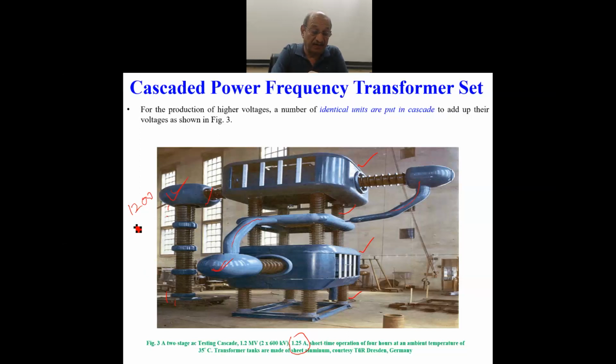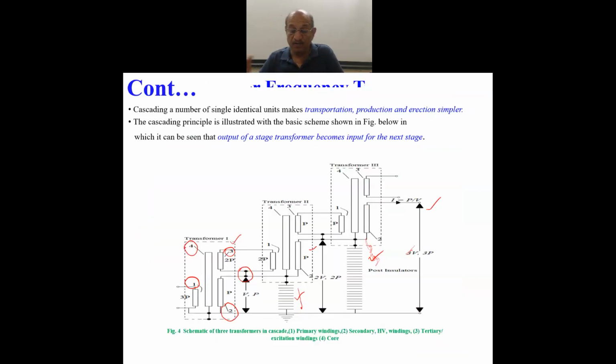You see this is the second stage output. So the high voltage final output of 1200 kV needs much more insulation from the ground. And the same thing is true in this case. Suppose each unit is for 600 kV. In the output you will get 1800 kV power frequency.